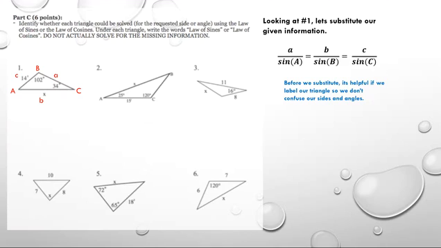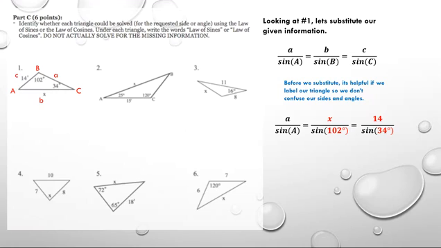So let's look at number 1. Our first step is to substitute the given information. But before we substitute, we want to label our triangle so that we don't get mixed up about the sides we're talking about. We have angles A, B, and C, and opposite each angle is the lowercase side: side a, side b, and side c.